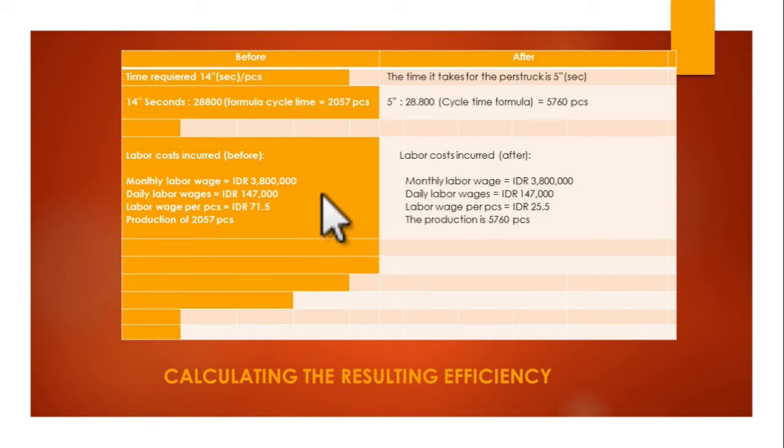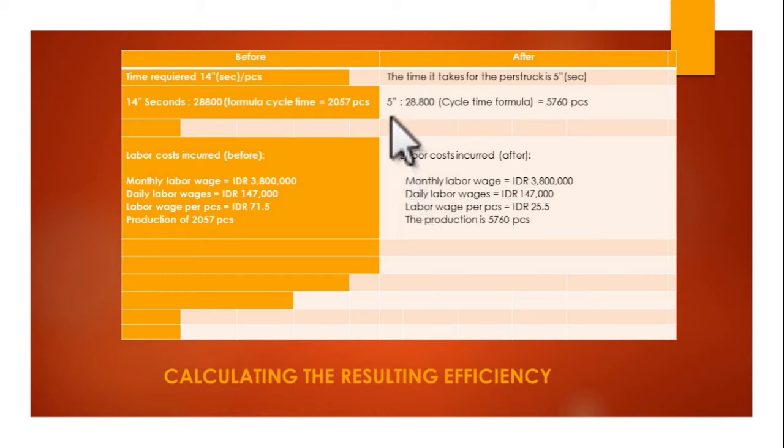If before, 14 seconds, 28,800, and the formula cycle time is 2057 pieces. If after, only 5 seconds, that is 5,760 pieces.